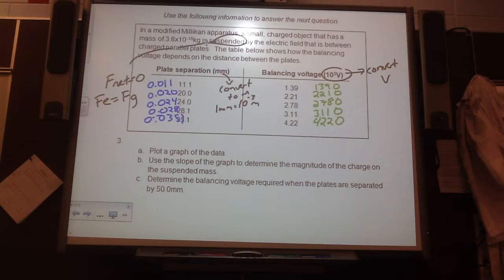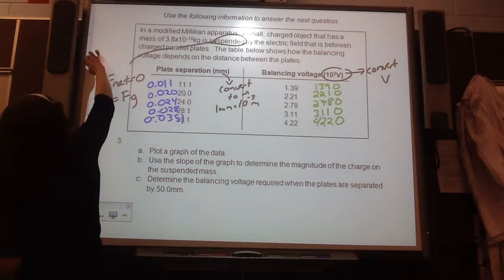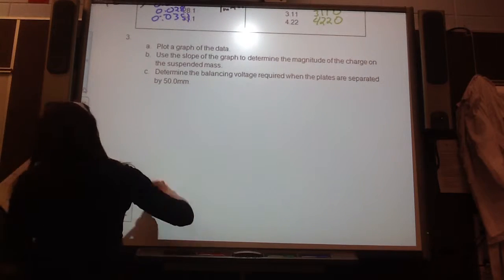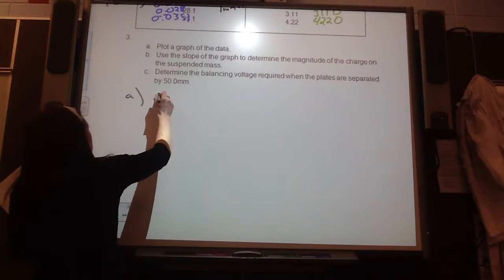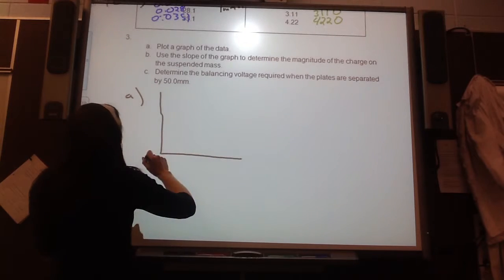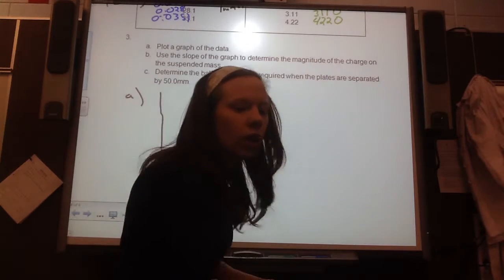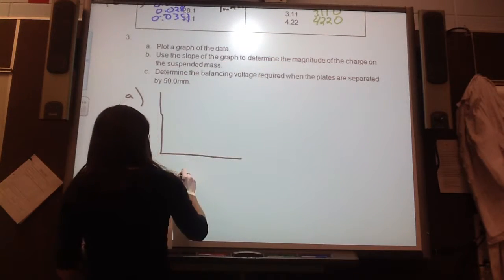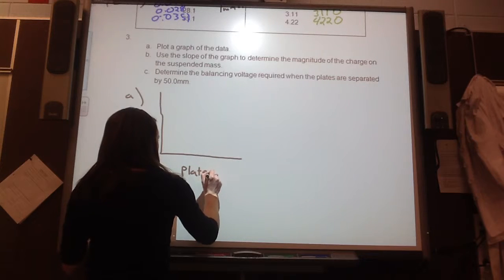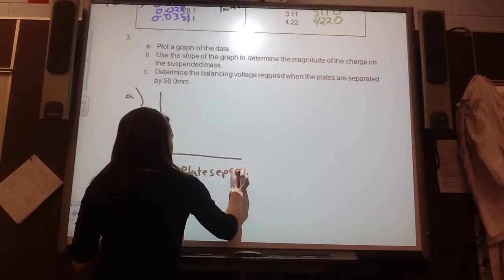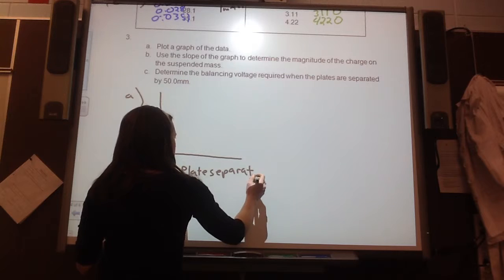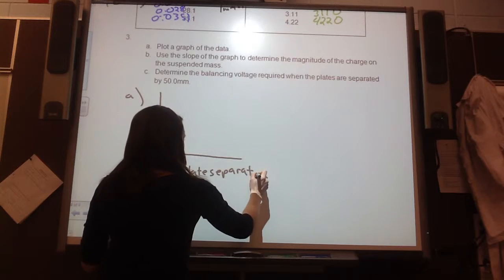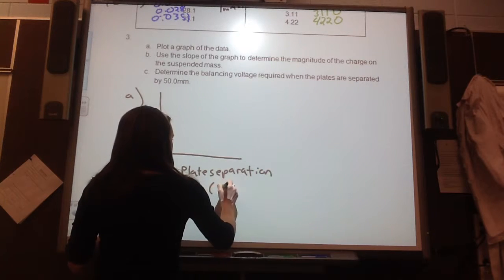So let's just make a little sketch of that here in our work. This would be part A. On our x-axis, we had our plate separation in meters.